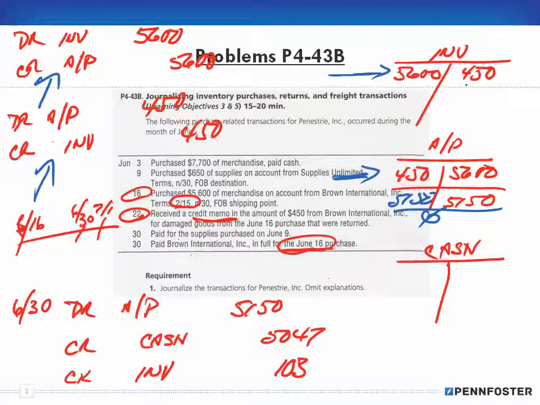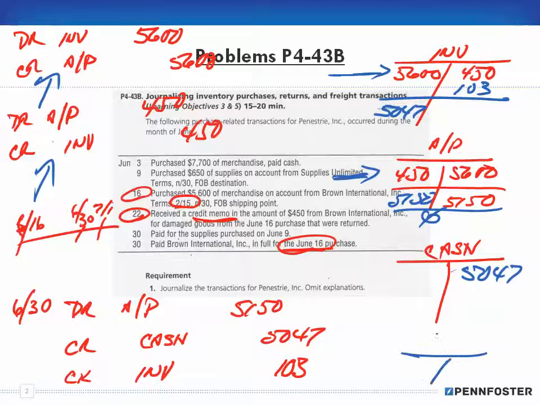And of course, I'm going to credit my inventory for 103. So now that has a balance of 5,600 minus 450 minus 103, or 5,047, which you could think of as a double check, because that's the actual cost of my inventory compared to what I'm paying in cash of 5,047.